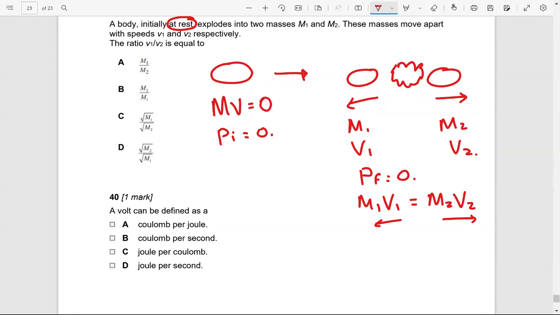And we're trying to find what v1 over v2 equals. So if I take the v2 over, v1 over v2 equals m2 over m1. So that should be one of the answers, B.